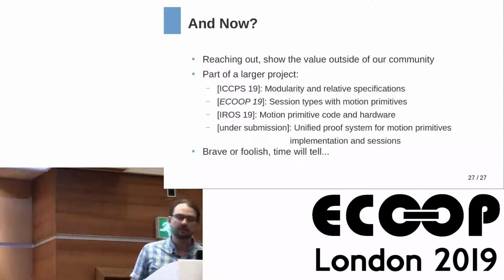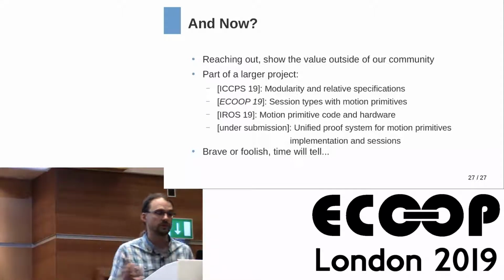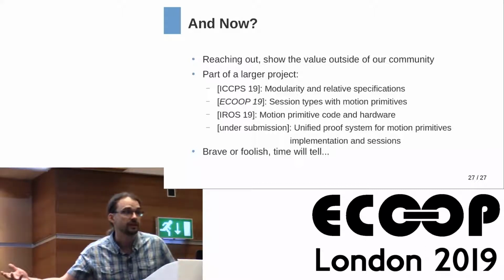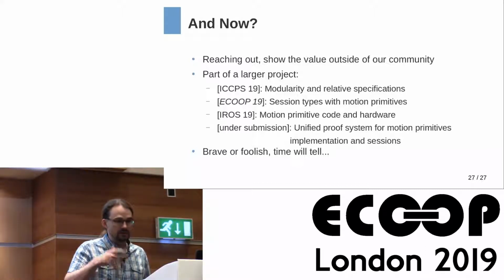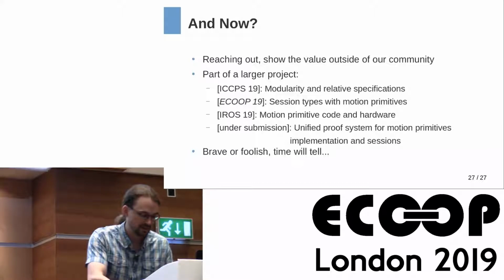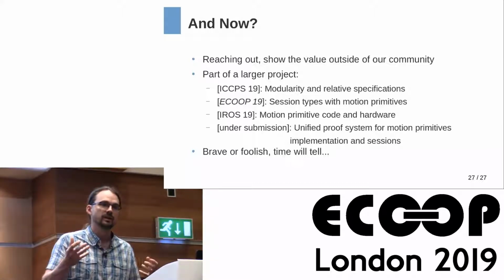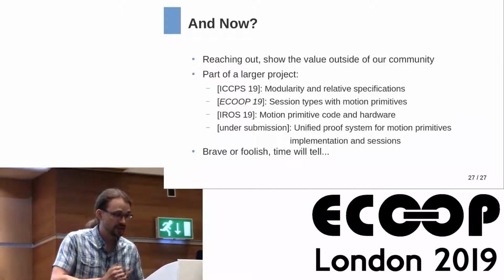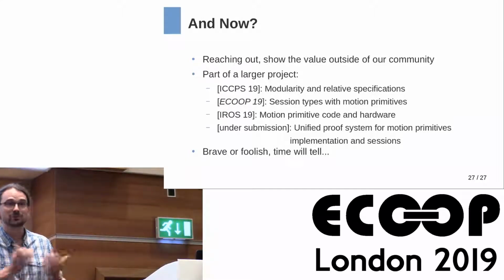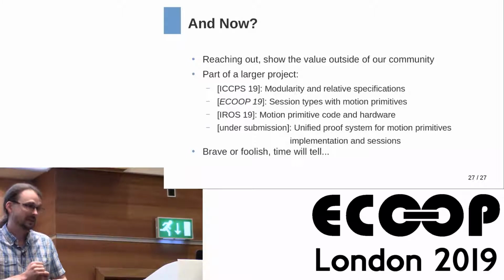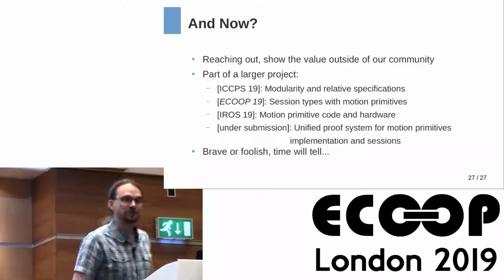Later this year, we'll have a paper, part of this project, at a robotics conference itself. So I think for this kind of application of PL technology to robotics to succeed, we also have to do all this outreach, whether it's brave or foolish, I guess time will tell. And notice that the two are not mutually exclusive. Thank you.